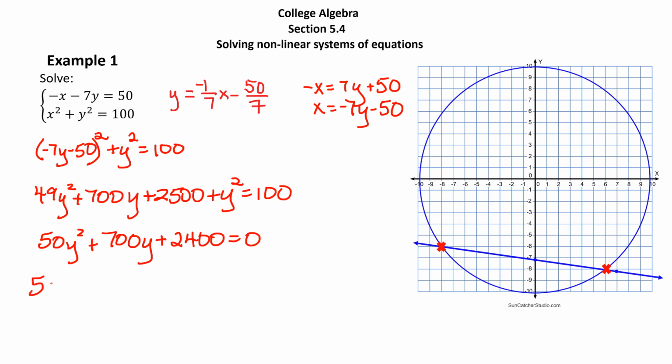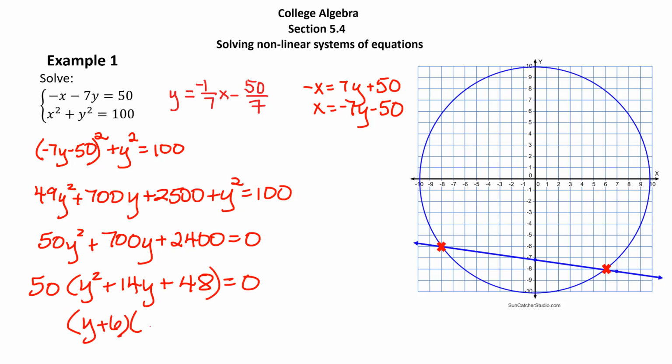I can factor out 50, and I'll have y squared plus 14y plus 48 is equal to 0, and I can factor that into y plus 6 and y plus 8. So if those things multiplied together give you 0, one of them must be 0. So y could be negative 6, or y could be negative 8.